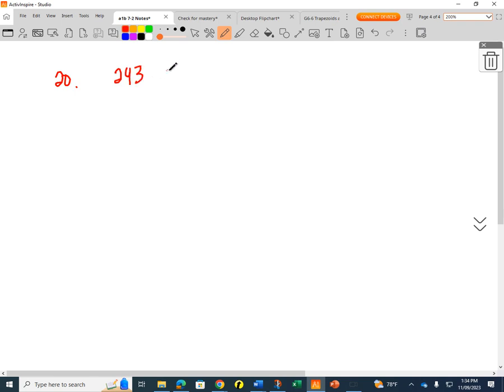Wouldn't that be 243 to the 1 over 5 power? No, this is an exponent, right? So this is going to be on your calculator. On the calculator, we enter 243.